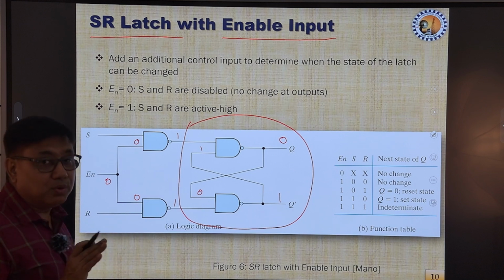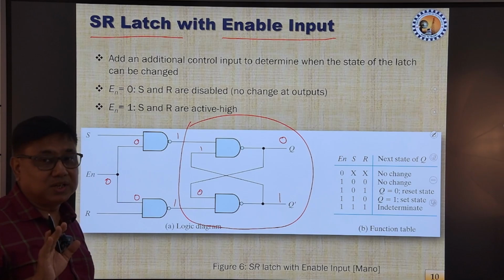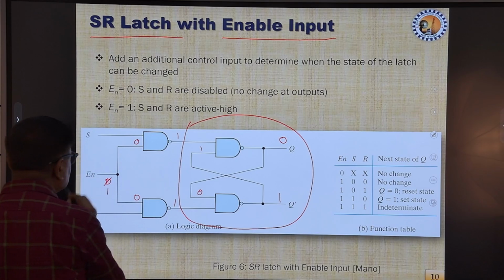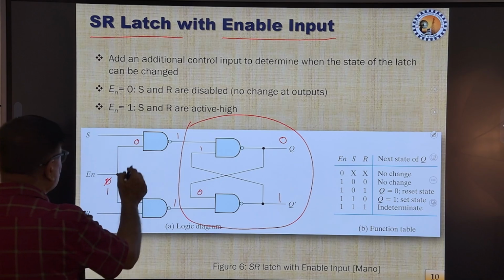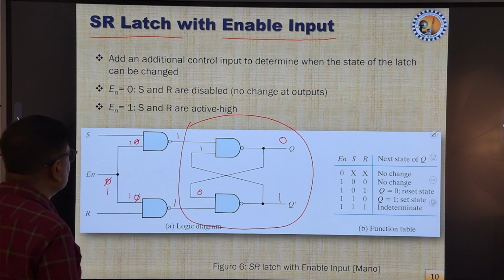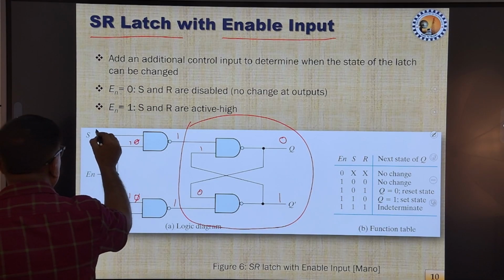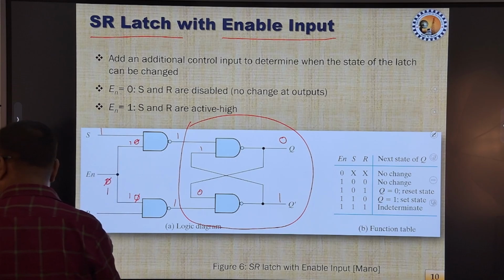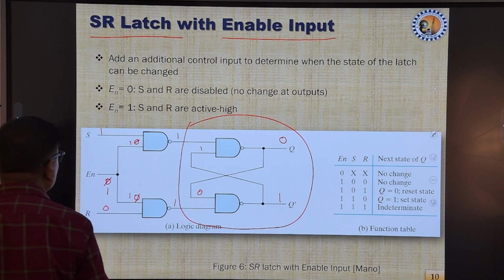This latch will be in the active state, or the enable state, when the enable input is 1. As soon as the enable input is 1, it will receive 1. Now, based on what we feed, let us assume that we have fed a 1 over here and a 0 over here.